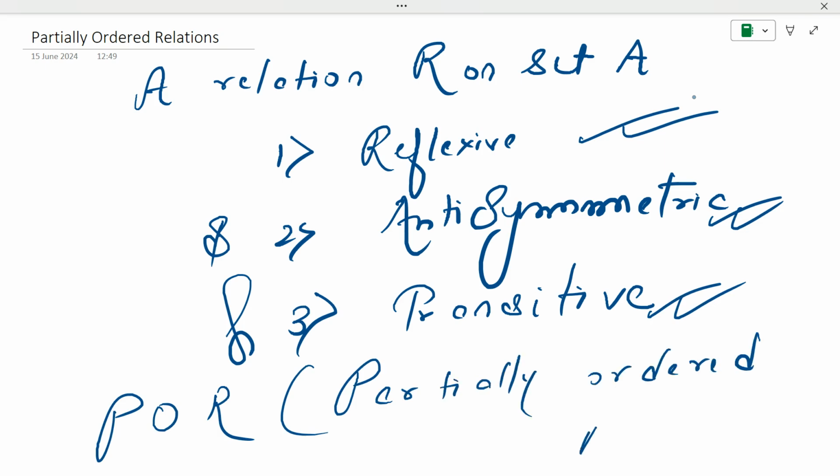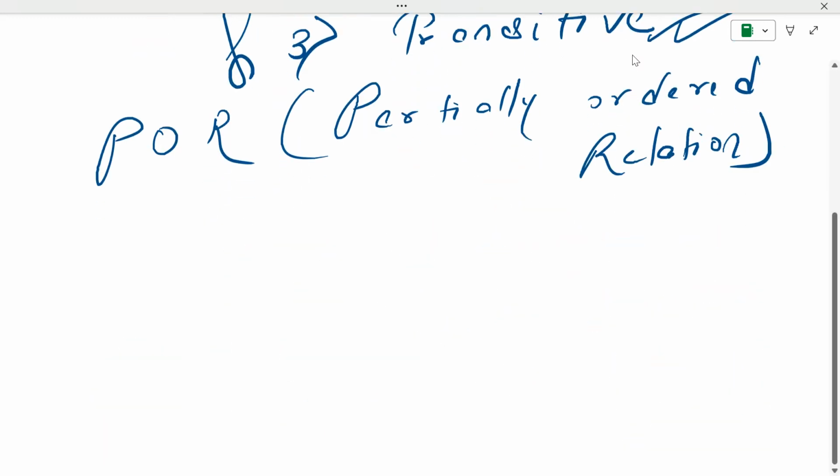So a partially ordered relation is a relation on A which is reflexive, antisymmetric, and transitive.